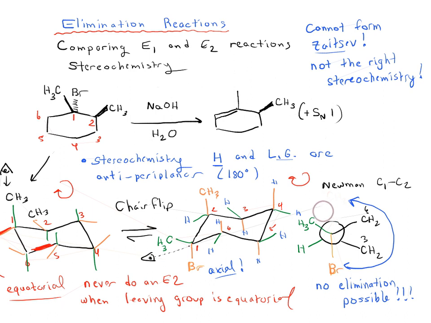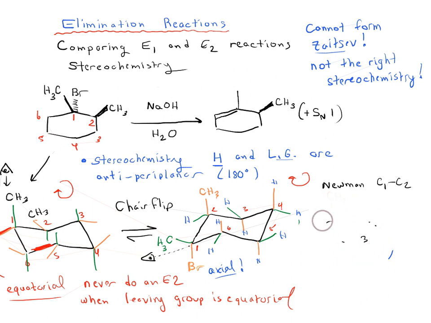Let's erase some stuff and get rid of our Newman. Okay. We draw a different Newman. We're going to see that this is actually going to work. So if we draw the Newman for C1 to C6, we would get this. Here's our bromine pointing straight down, right? 6 o'clock. Our CH3 would be pointing to the left, like at 10 o'clock.